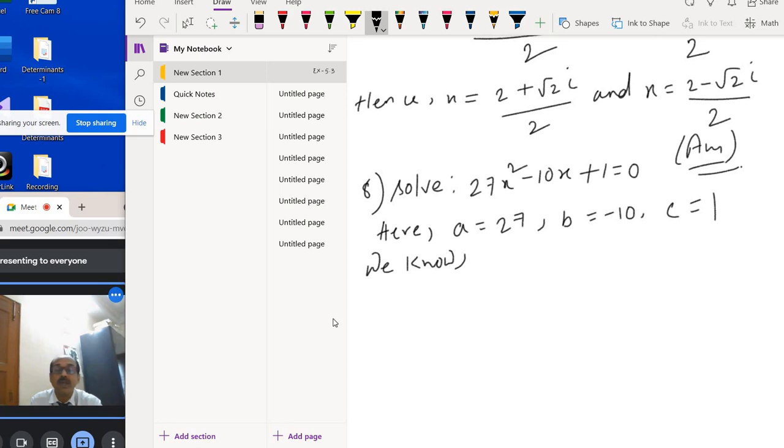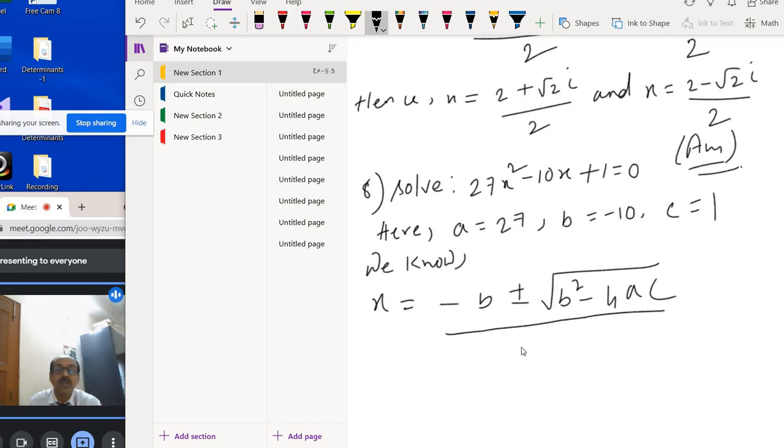So we know x equal to minus b plus minus root b square minus 4ac by 2a.